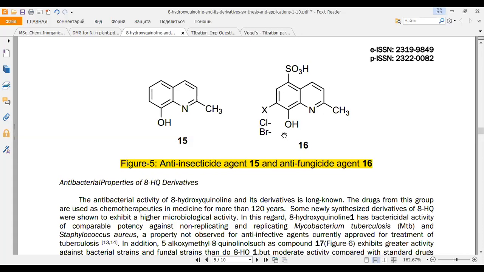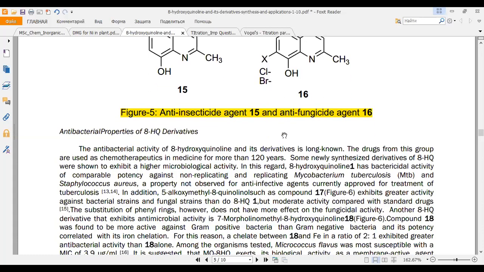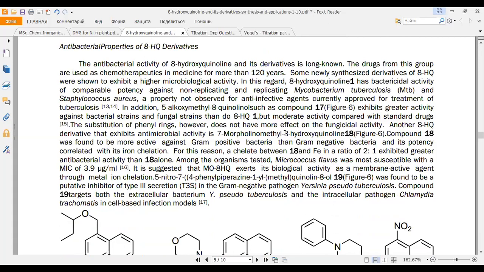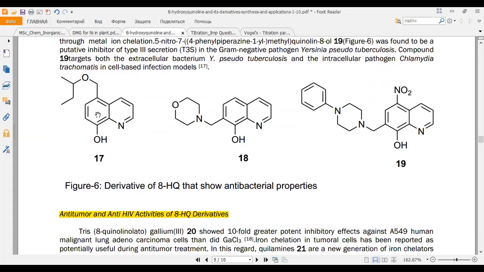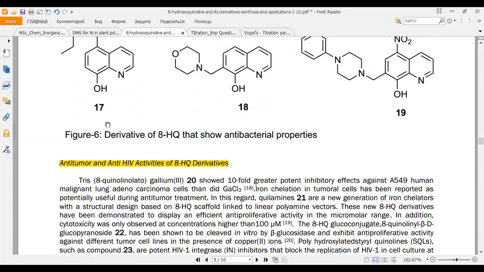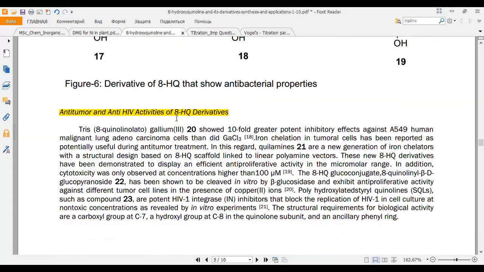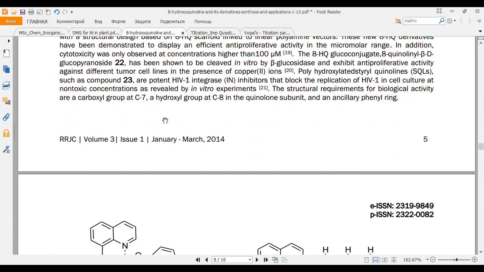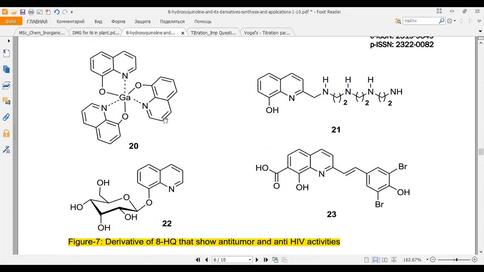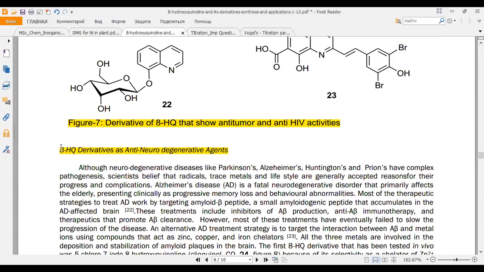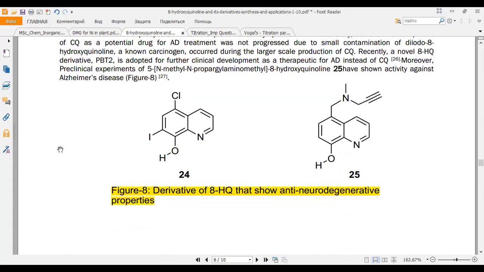The derivatives can also have antibacterial properties to kill bacteria. So these derivatives are used to kill the bacteria. Anti-tumor and anti-HIV activities, they can be used for these activities also, the derivatives. Not all of them, but these derivatives. I'm just trying to show you that it has several uses.